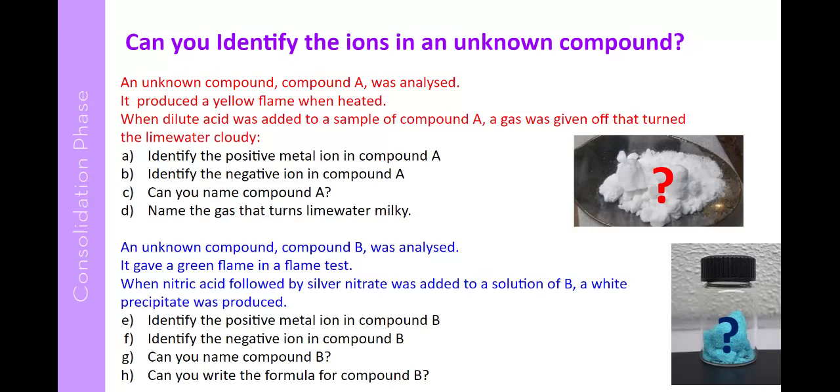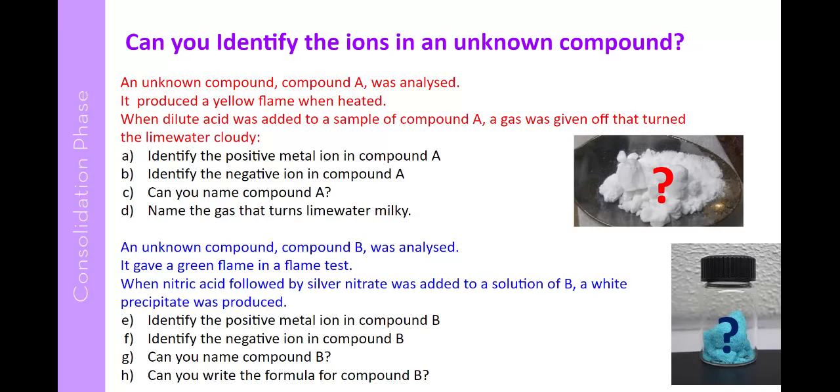That leads us on to the consolidation. Now, you might find the consolidation a little challenging with it being half term last week, so you've had a break in between your flame tests. However, I would still like you to have a go, give it your best shot. You've got two scenarios of two unknown compounds. Each compound was analysed.